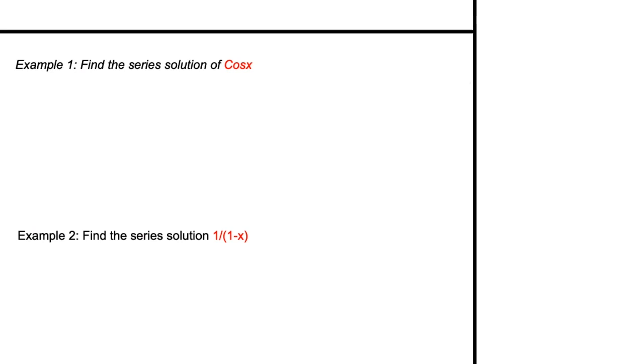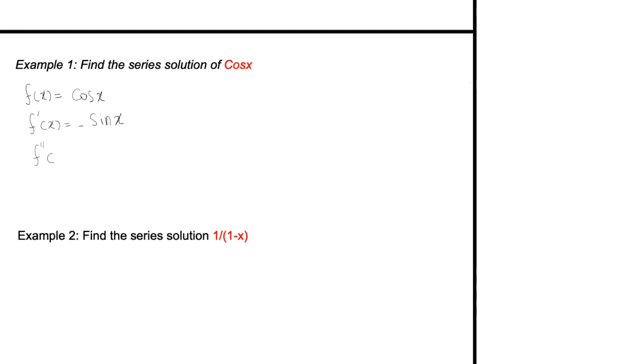Let us find the series solution of cosine of x. So the function f of x is cos of x. Now we will find the derivatives of this function. f prime x is minus sine x. We can further differentiate it.